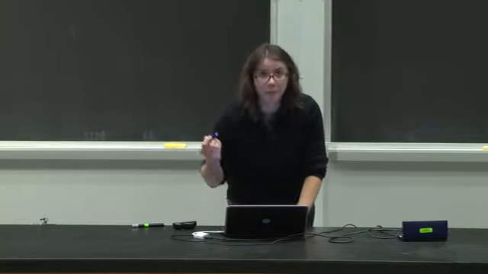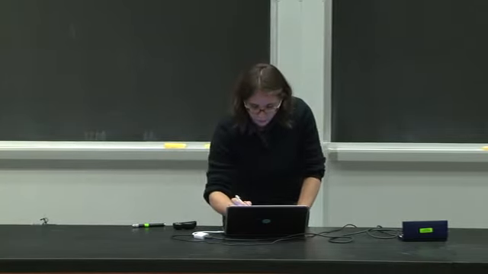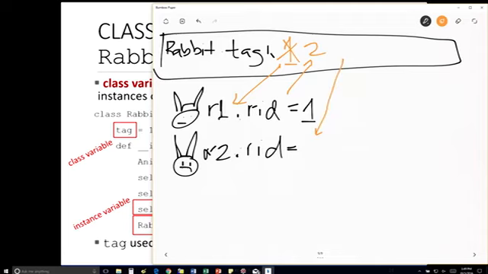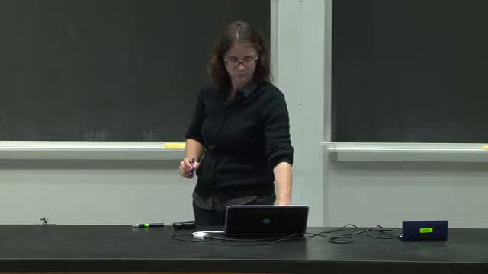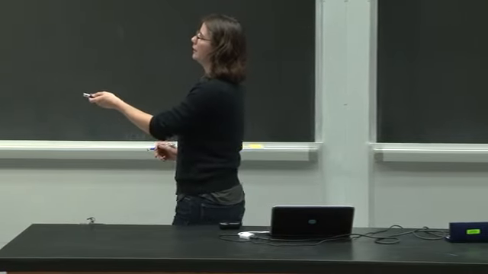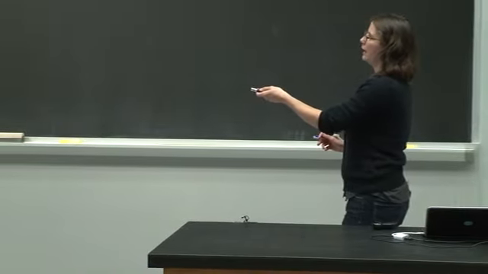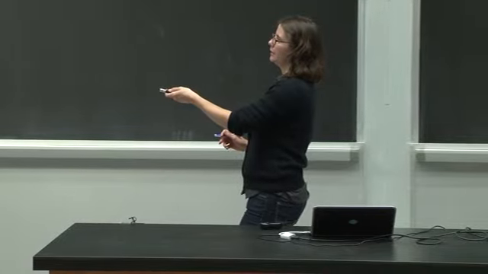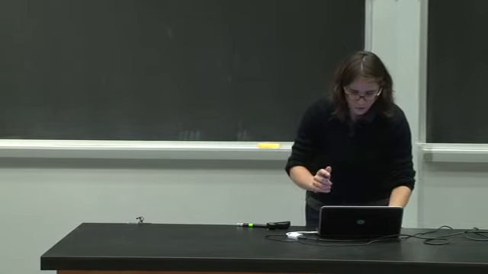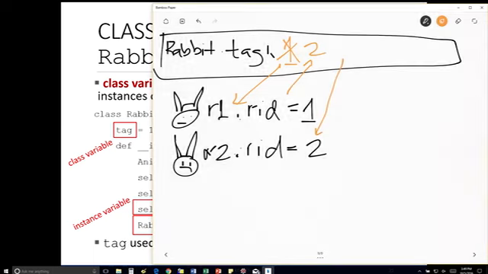It was changed by the previous creation of my rabbit, so now I'm going to access that, right? So the value is going to be 2. And according to the code, the next thing I do after I create the instance rid is I'm going to increment tag. So I'm incrementing the class variable to be 3.